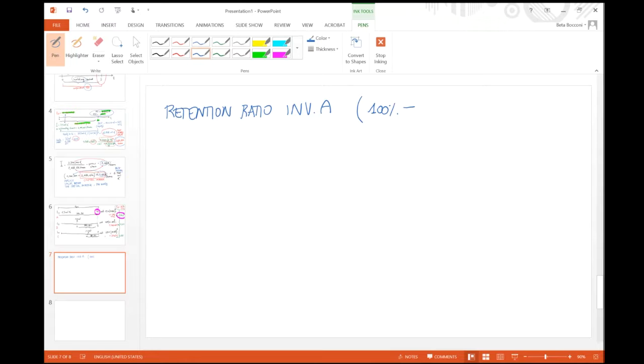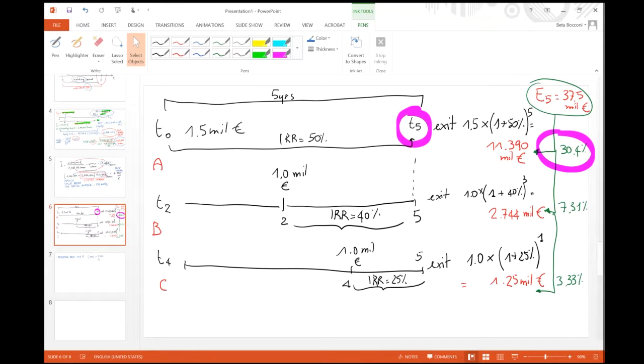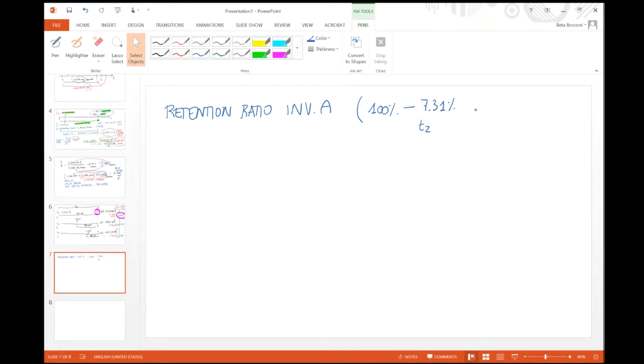However, we know that after 2 years, in year number 2, there will be another guy that will get inside and he will take 7.31%. We can see it here. And we know that after an additional 2 years, in year number 4, we will have another guy that will get in with an equity stake of 3.33.